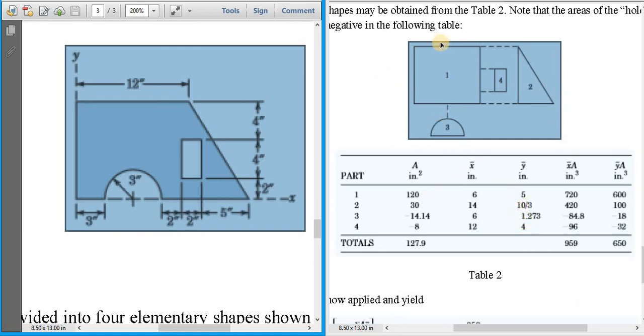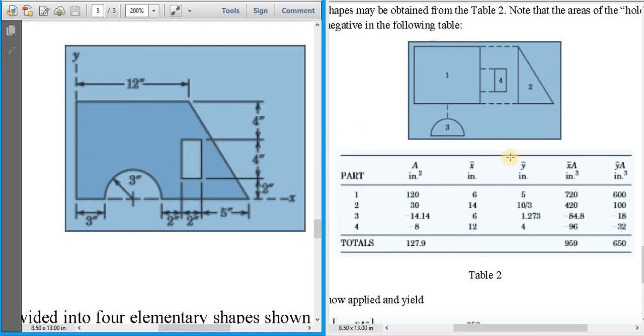Take note of the difference between XC at saka yung X bar. Si XC is the center of gravity, right? Pero yung X bar is the location of the center of gravity with respect to the Y axis.